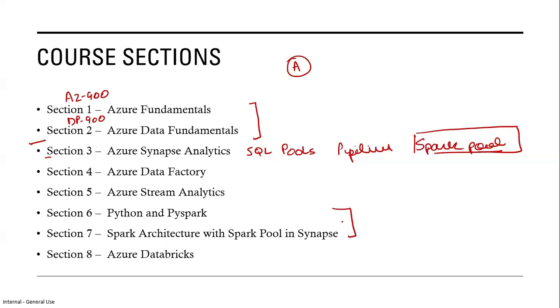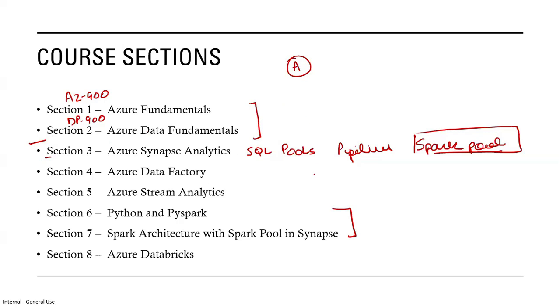Towards the end of the course, when we are done with the Spark, we understand what the Spark infrastructure is, what the Spark architecture is, what PySpark is, how do you write basic programs within PySpark, right? How do you do basic data transformations using PySpark? Then we'll move towards this Spark pool and create our notebooks over here to transform and manage our data.